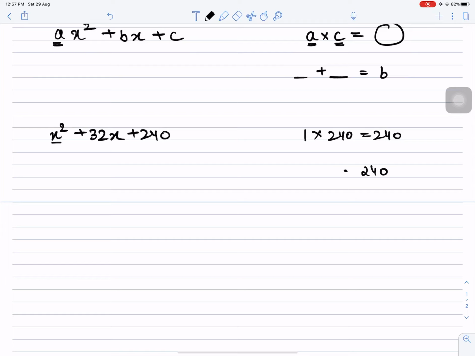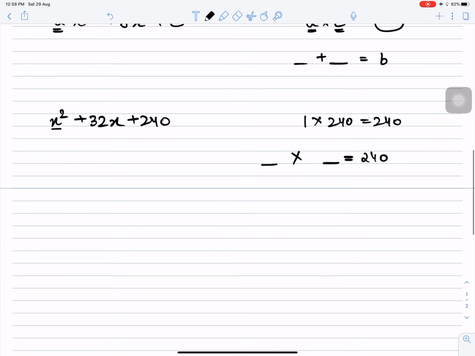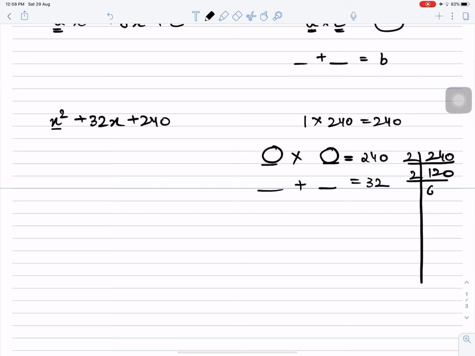Now we have to find two numbers such that their product is 240, and when we add those same numbers, the answer comes out to be 32. This is how you have to perform it. Whenever you have to multiply, take the LCM of that number, meaning take the LCM of 240. Now we need 32.